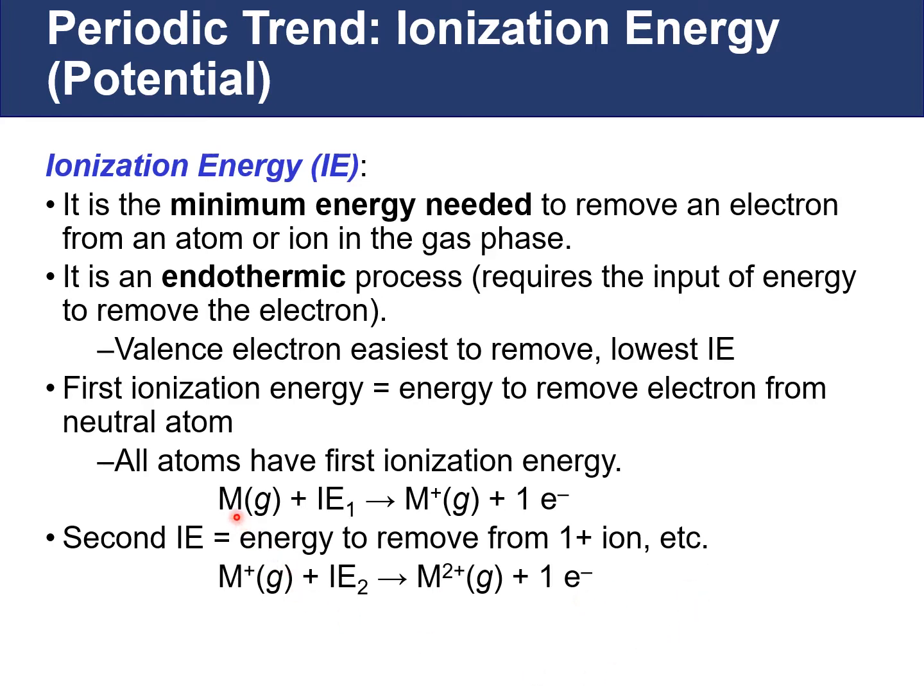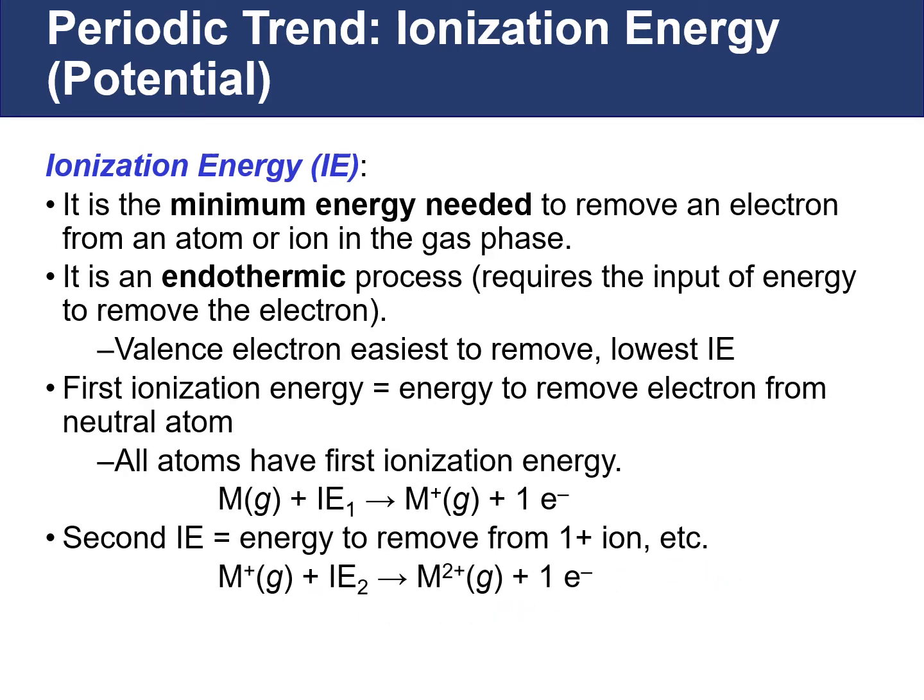So to go from the neutral to the 2+ cation, we first have to apply the first ionization energy to remove the first electron. Then we will take that cation, apply an additional amount of energy, the second ionization energy, to remove the second electron.